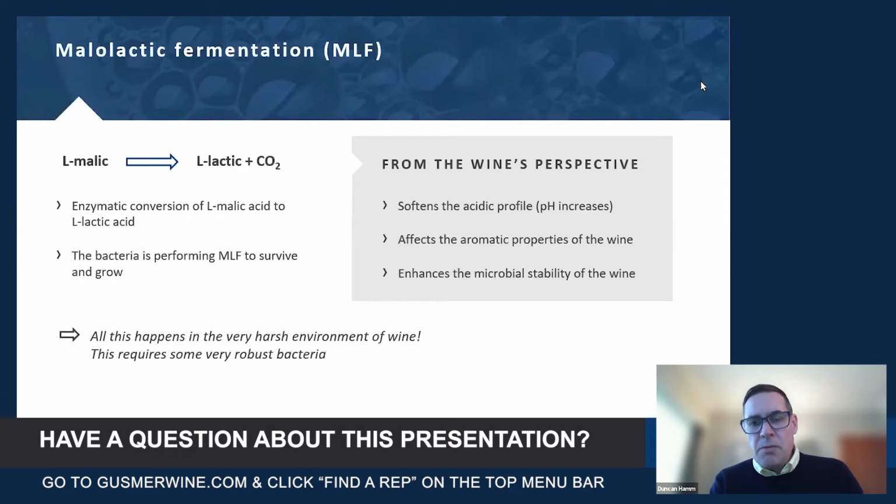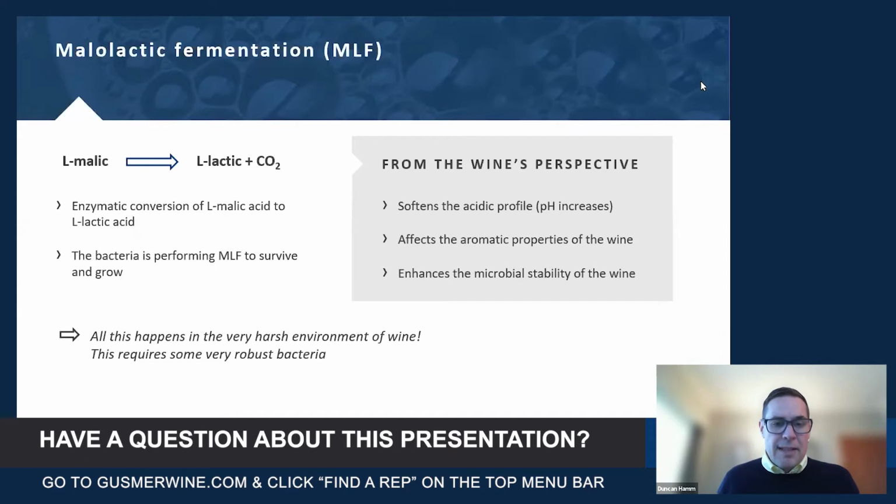So back in the days before sterile filtration and the level of hygiene that we have in modern wineries, by doing malo, you're effectively removing a fermentable substrate from the wine, so you're less likely to get malo happening in bottle, which effectively is a form of spoilage.